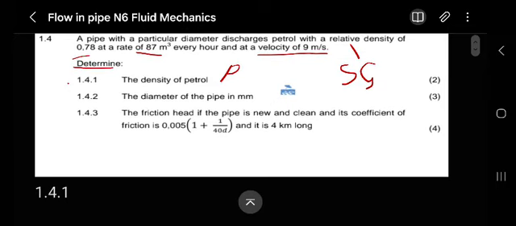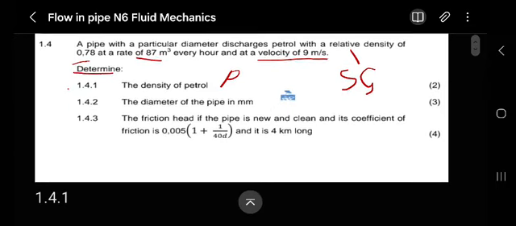Question 4.1 says determine the density of the petrol.